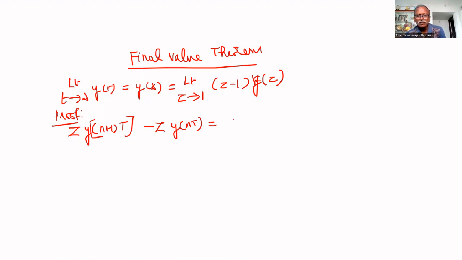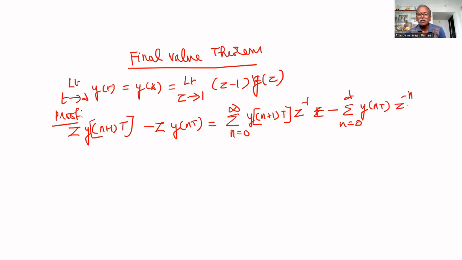By definition, this is equal to sigma n equal to 0 to infinity y of (n plus 1)t z power minus n, minus sigma n equal to 0 to infinity y of nt z power minus n.